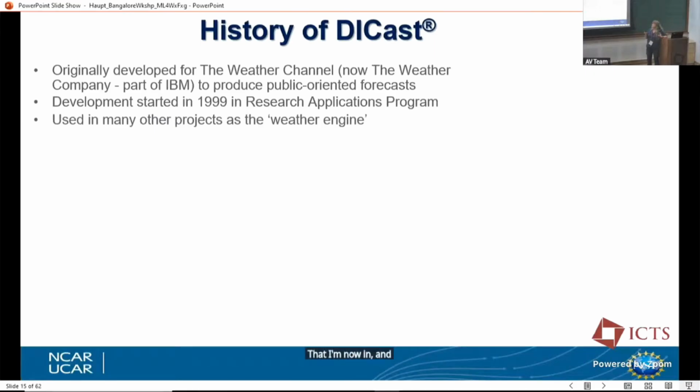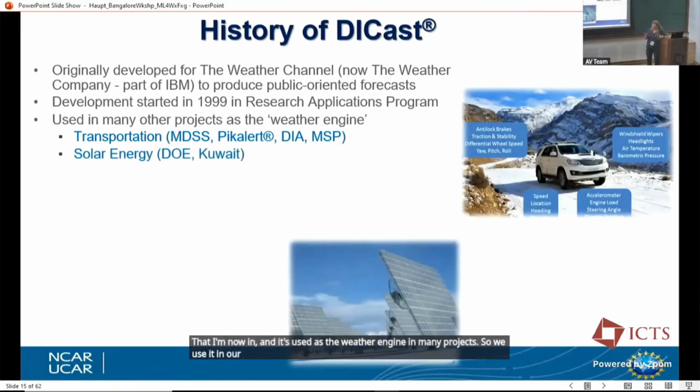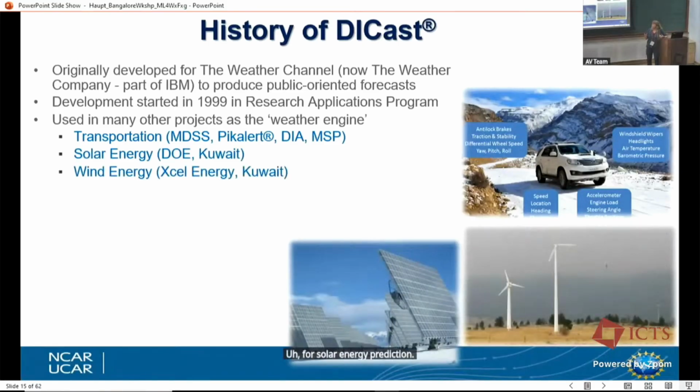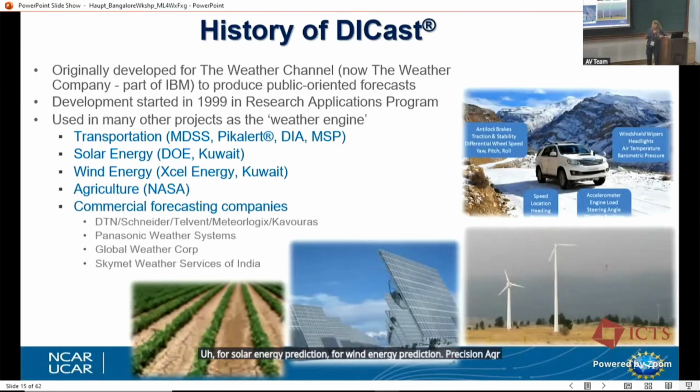And it's used as the weather engine in many projects. So we use it in our surface transportation projects, for solar energy prediction, for wind energy prediction, precision agriculture, and it's been used with a bunch of forecasting companies.